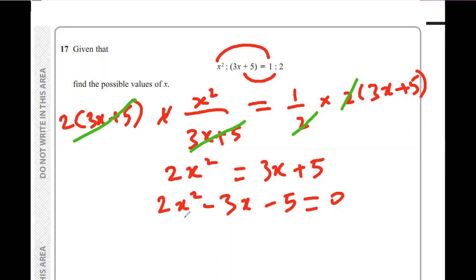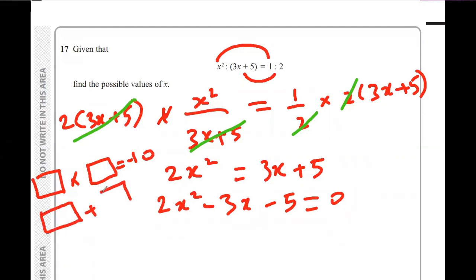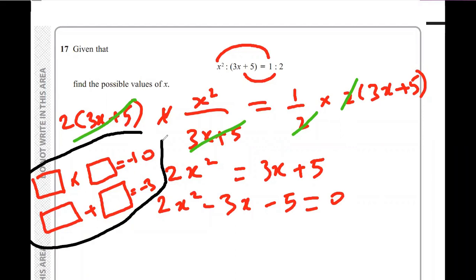How can we factorize it? 2 times the minus 5, so 2 numbers should multiply to minus 10, and the same 2 numbers should add up to negative 3. Who's going to help me with this? Minus 5 and plus 2.